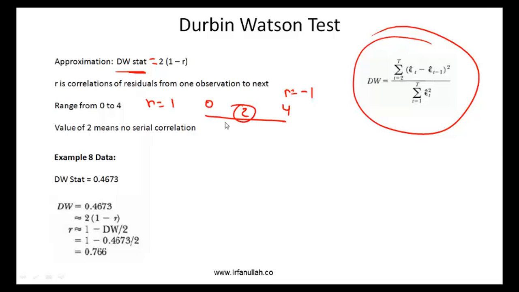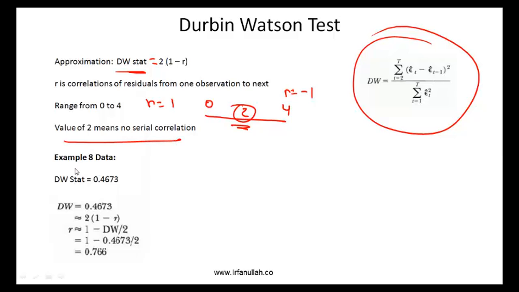So what do you want? If you want a situation where there is no correlation, then what should the Durbin-Watson stat be? It should be 2. So if you come up with a Durbin-Watson stat of 2, that's a good thing. That is telling you that there is no correlation between the residuals. So a value of 2 means no serial correlation.